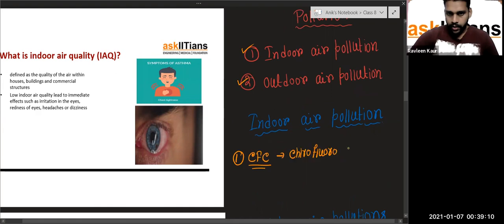This comes out from our refrigerator, from the AC, these types of things. So this chlorofluorocarbon is a very important air pollutant. It has a very adverse effect on the air. So this is one of the things that comes out from our homes only.